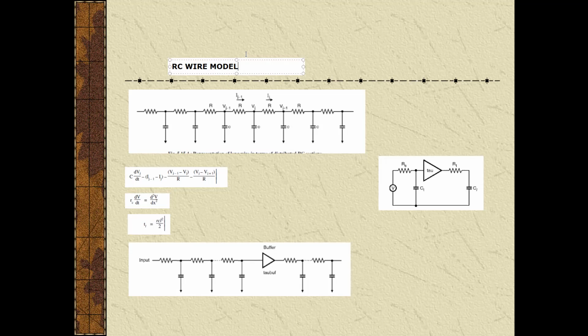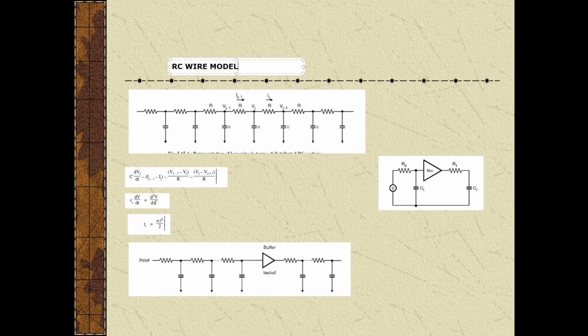The wire is expressed by several RC sections, as shown in the figure. Further, when the sections are increased, it is expressed as this equation.